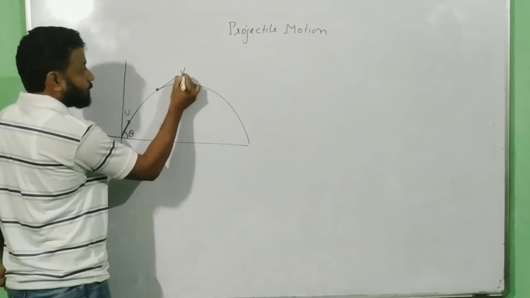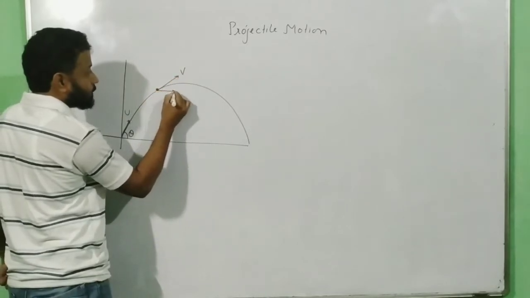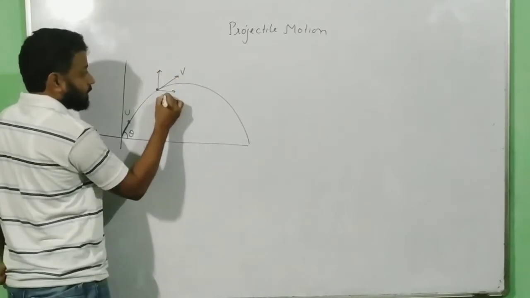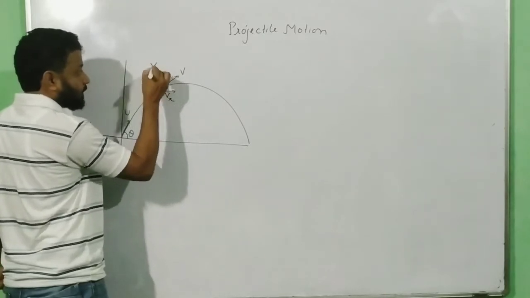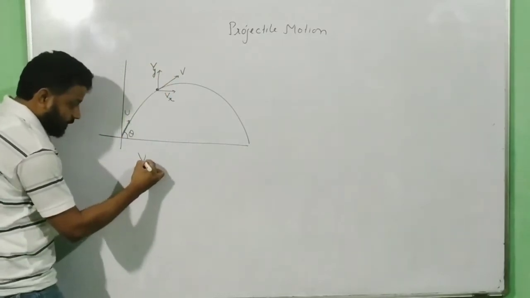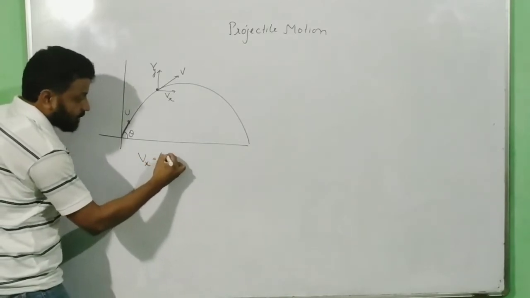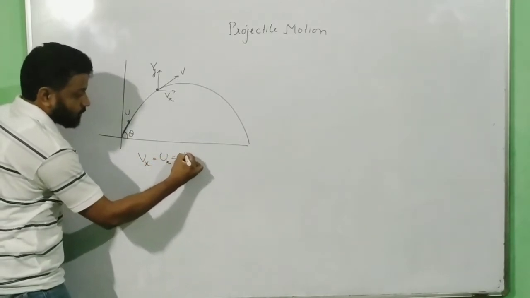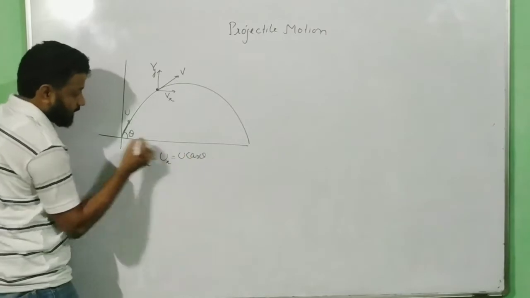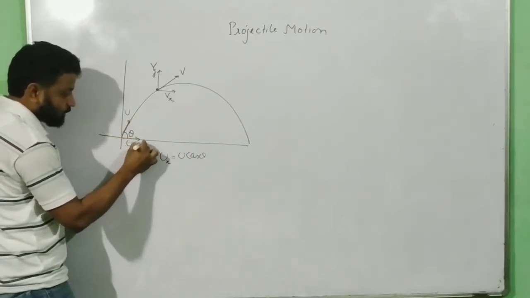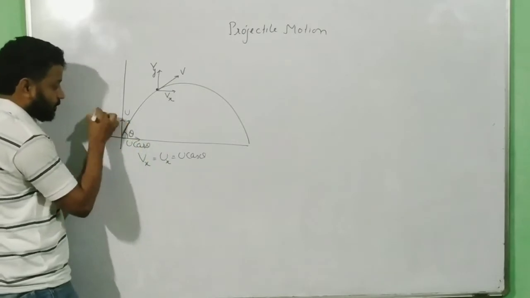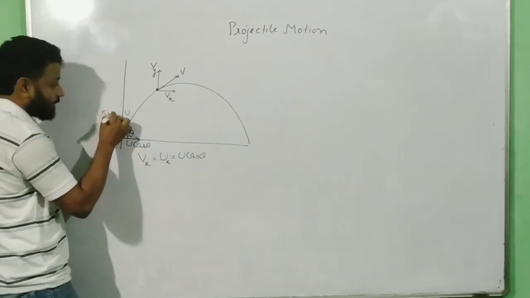In order to find the new velocity v, I have to rely on its two components, the vx component and the vy component. From our previous knowledge, we know that vx will remain as ux, and that is equal to u cos theta, because the initial velocity along this line will be equal to u cos theta, and this component will be equal to u sin theta.